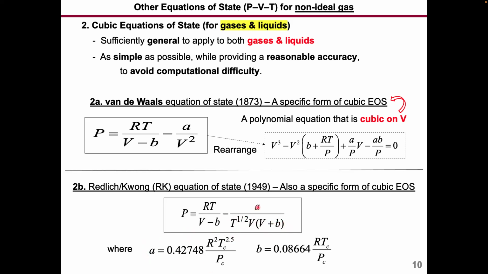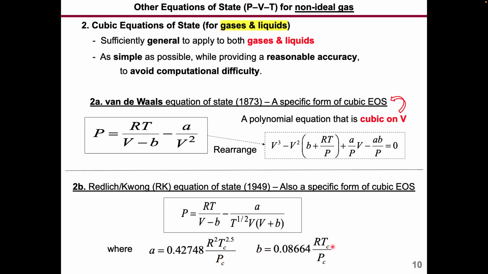Here, A is a value that depends on temperature, critical temperature and critical pressure for a particular system, right? TC, PC values you can actually look up. As long as you specify the species, A is a constant for that species.